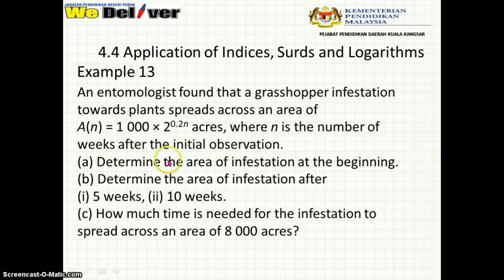Determine the area of infestation at the beginning, after 5 weeks, and after 10 weeks. Now how much time is needed for the infestation to spread across an area of 8,000 acres?